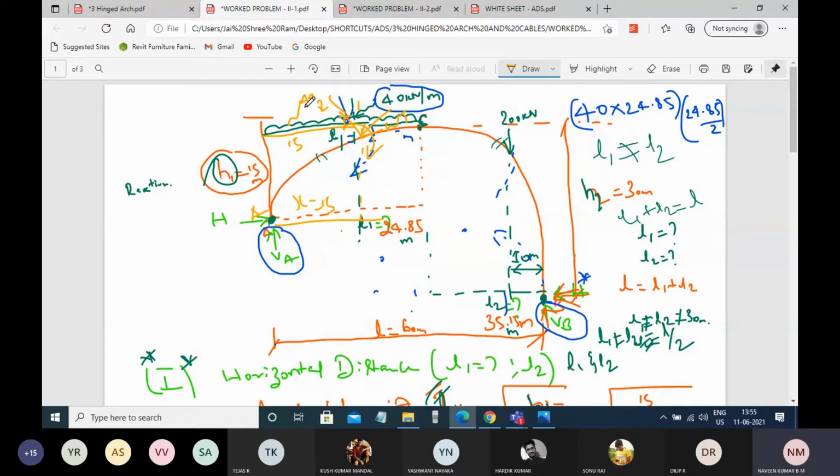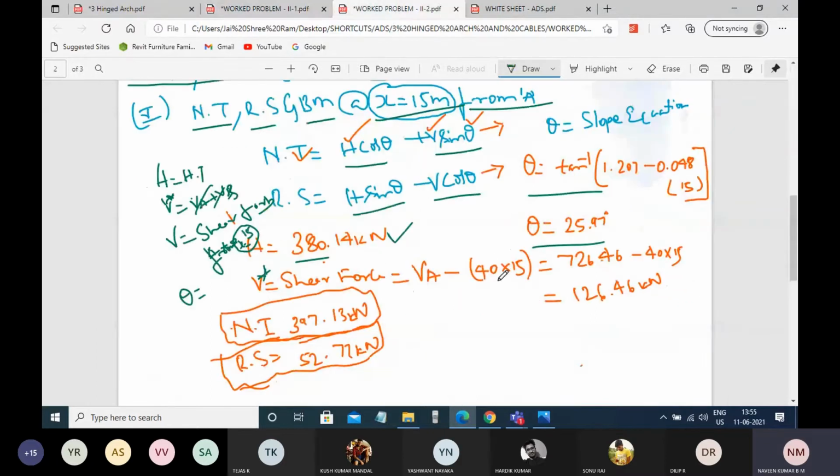So 40 times 15 is the UDL load, and that is acting vertically downward, so you consider it as minus. The same thing that I have shown over here, and you can substitute VA and get the V value. Now we have theta, V as well as H. You can substitute into this equation. I hope you are able to get these values. So that is NT as well as RS.